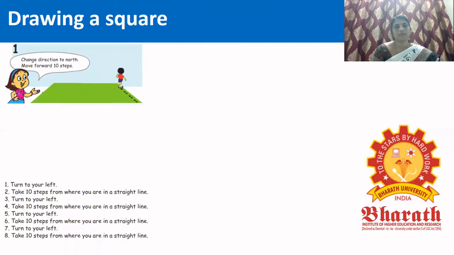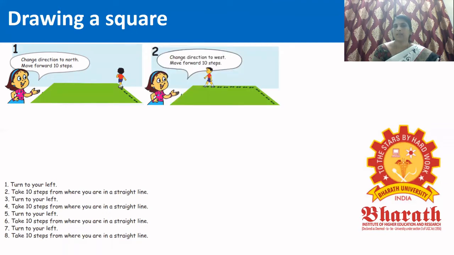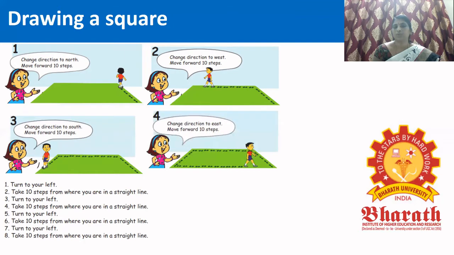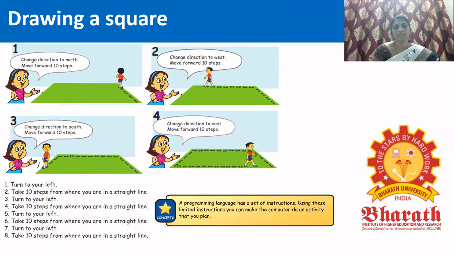First, turn to your left, then move 10 steps from where you are in a straight line. First step is change direction to north, move 10 steps, then to west, then to south, and then to east. This is the diagrammatic representation of walking in a square. So a programming language has a set of instructions, and it uses these instructions to make the computer do a particular task.